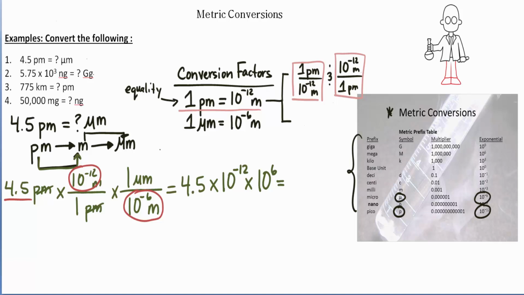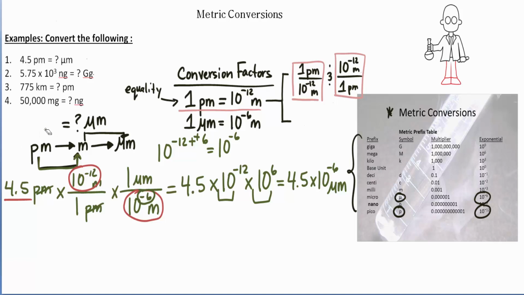Some students say, well, I can have 10 to the minus 12 minus a minus 6. So that becomes plus positive, and that would be 10 to the minus 6, which is exactly what we get here when we add the exponents. We'll wind up with 4.5 times 10 to the minus 6 in the unit of micrometers.